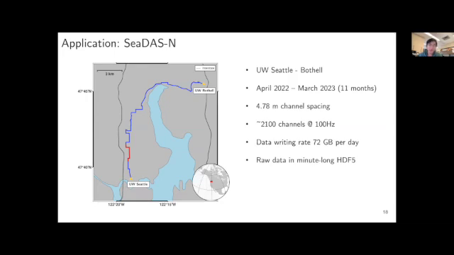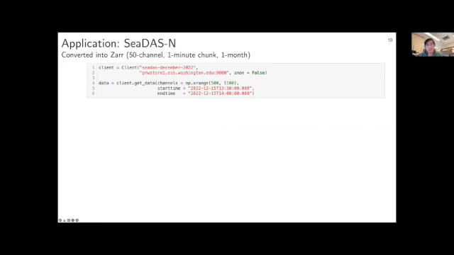So the channel spacing is about 4 to 5 meters, sampling at 100 hertz. This gives 72 gigabytes of data per day, and the raw data is saved as minute-long H5 files. So we load one month of DAS data into our local object storage as Zarr.